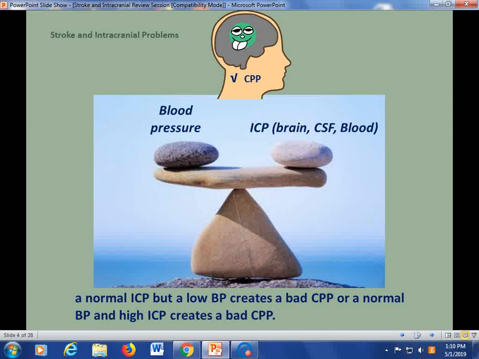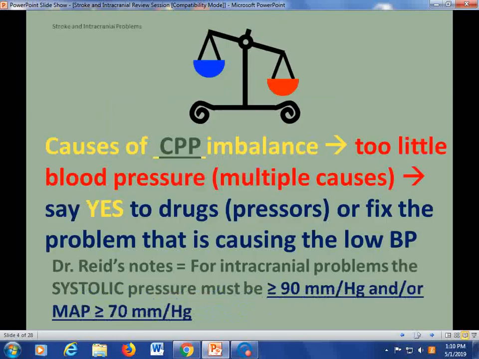As well as if you have a normal blood pressure but a markedly elevated ICP, that is going to create a bad CPP. Am I droning on? Yeah, I am. But what I want for you to get is it doesn't matter what the question is asking you. If you're given a blood pressure value, you better calculate the MAP. And if you're given an ICP value, you better calculate the CPP.